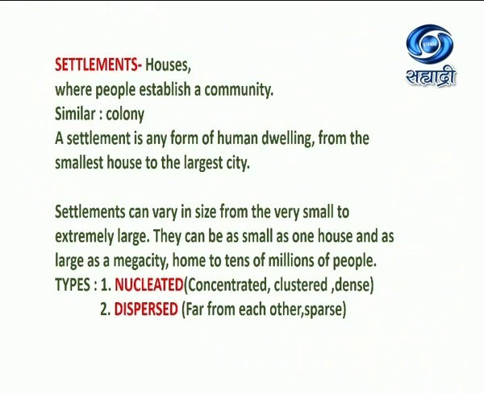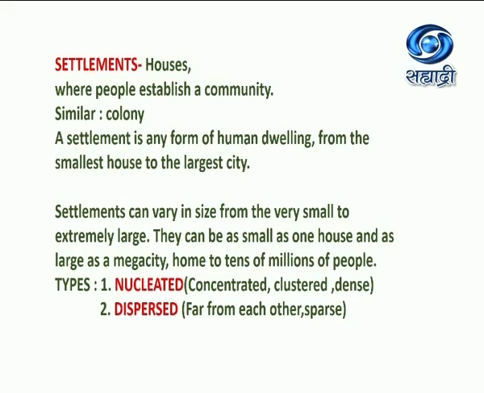As you know, children, let us begin with what settlements are. As I told you, settlements are houses where people live together; they establish a community, a colony, whatever you can call it, isn't it? A settlement is a form of human dwelling from the smallest house to the largest city. A small house is also called a settlement as well as a large city.